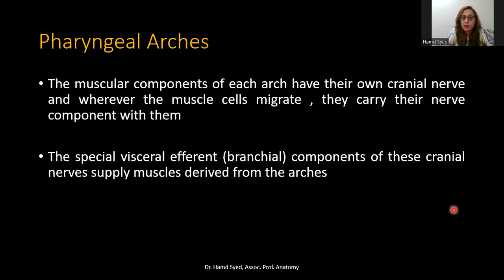The special visceral efferent components of these cranial nerves supply the muscles derived from the arches. So every pharyngeal arch has its own specific nerve supply, and that nerve is going to supply the muscles derived from that arch. These muscle cells may migrate to a different destination, but they will carry their nerve supply with them.